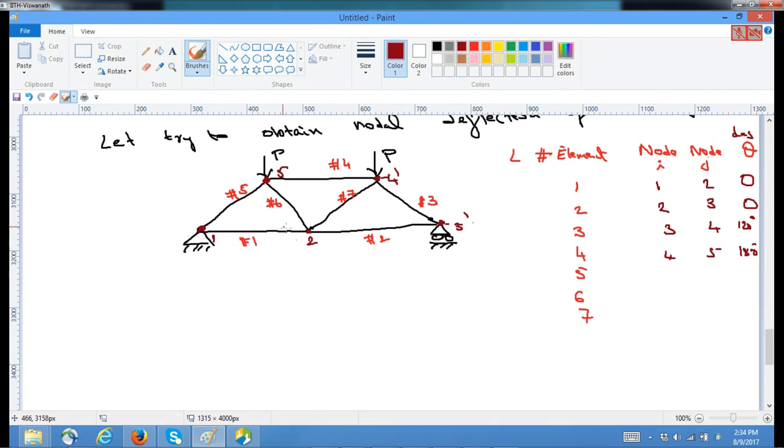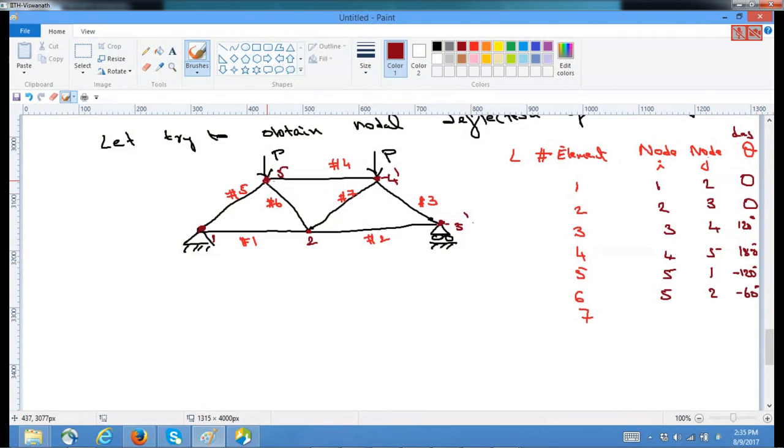Next, element 5 has node 5 and node 1. The angle it makes: this is 60 and this is 60, so I can make it as minus 120 degrees. The sixth element has node 5 and node 2, and it is minus 60 degrees with the horizontal.